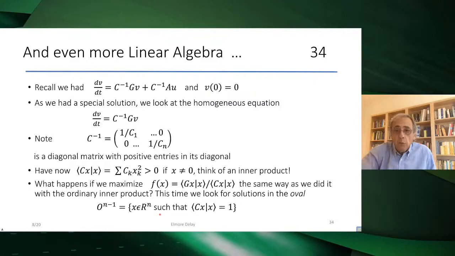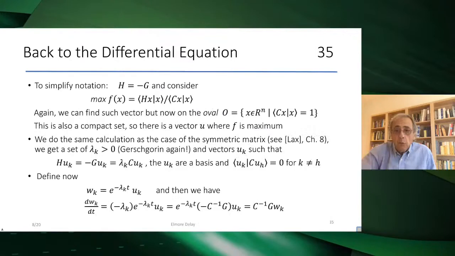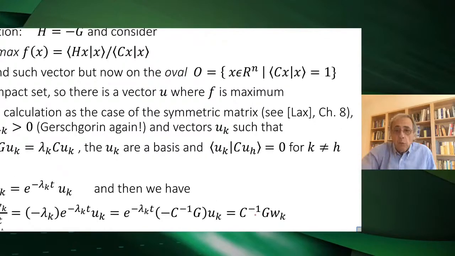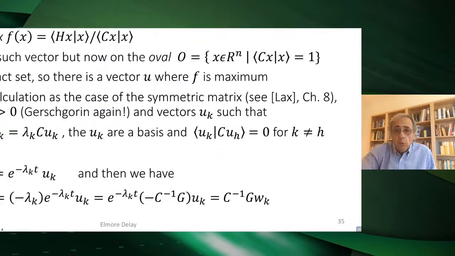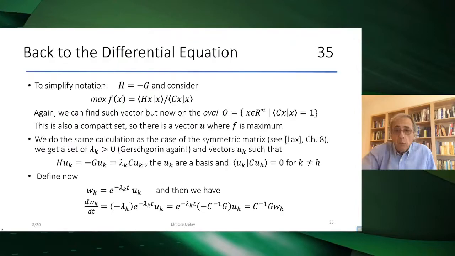And exactly the same derivative argument applies, and you get the minimum and everything, except in this case, instead of being perpendicular, you get that G of U, you get a set of eigenvectors, eigenvalues that are real now for C minus 1 G, so I wrote them this way.